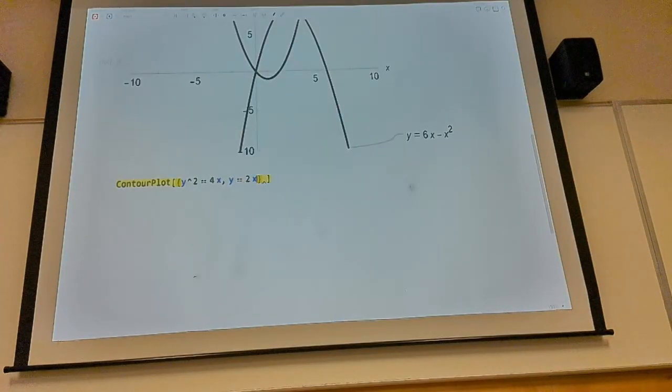Yeah, 2x minus 4. Again, we weren't given an explicit interval. So I'll just do the standard -10 to 10 viewing window all the way around.